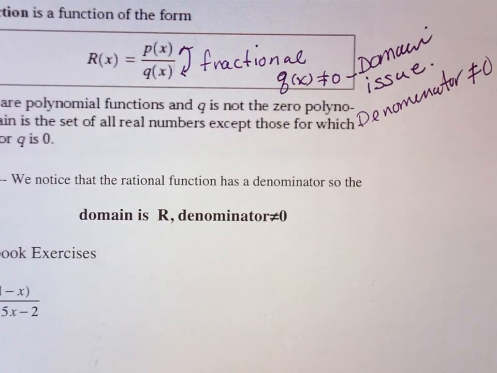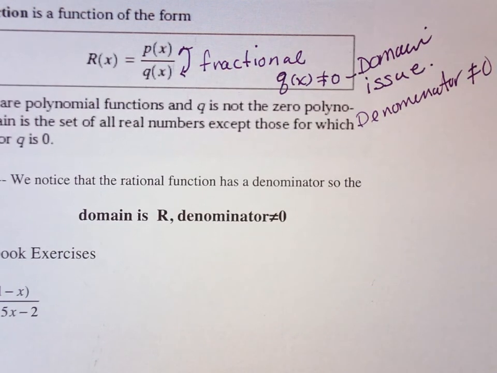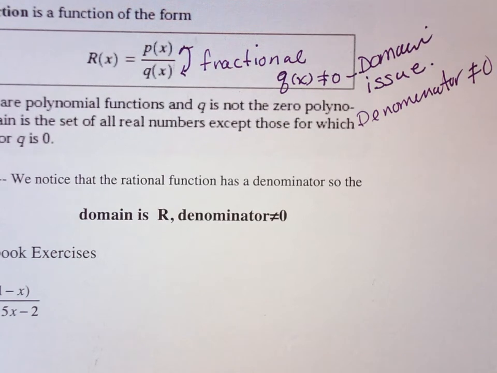So it's got a domain issue. So that's the first thing we investigate. We define it, and we define it to be a polynomial divided by a polynomial in this chapter. Once we define it, then we're going to look at the domain of it, and then we're going to be looking at some of its characteristics that make it different than the functions that we have studied before.